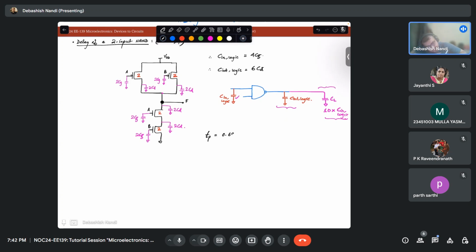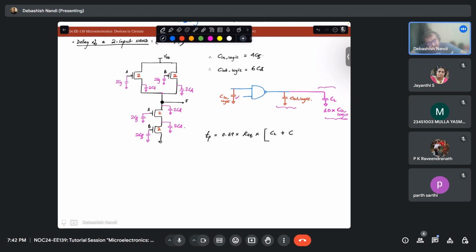Delay is 0.69 times R equivalent times C in logic times, or let's not go into there, just directly write CL plus my C internal.